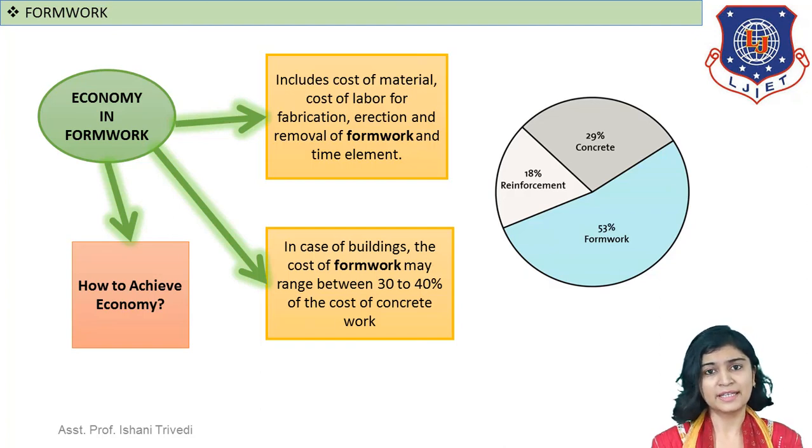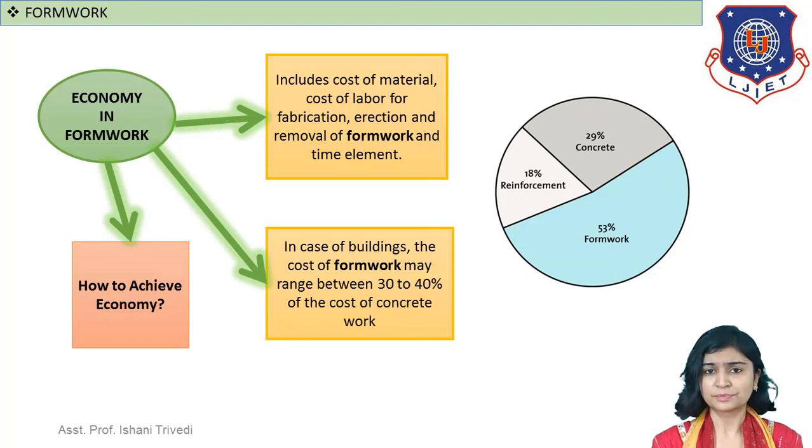How do you achieve it? As I said, you can reuse the formwork again and again. For that purpose, it is necessary that you design the structure such that you are providing identical sizes of beam, column and slab. Because of that, you shall be able to reuse it a number of times.